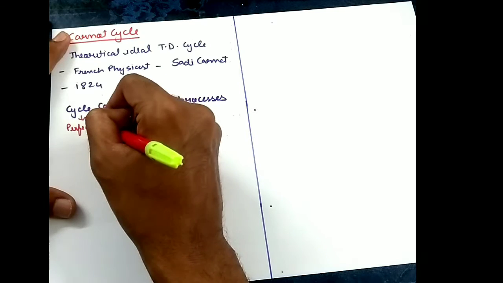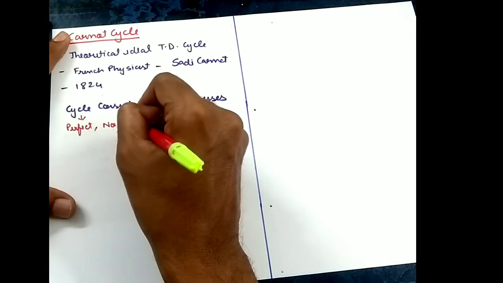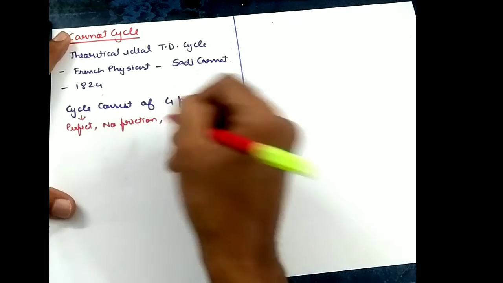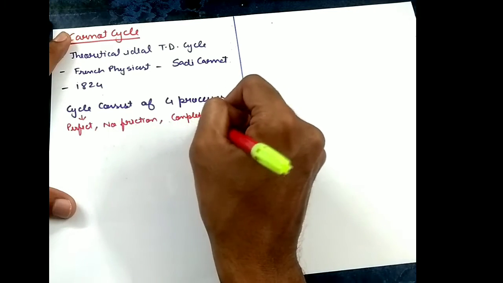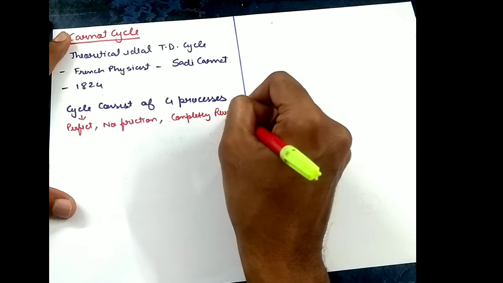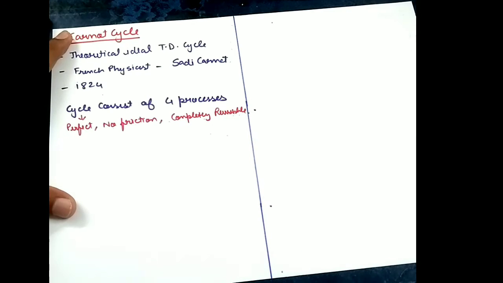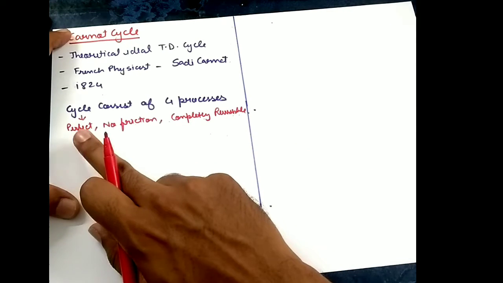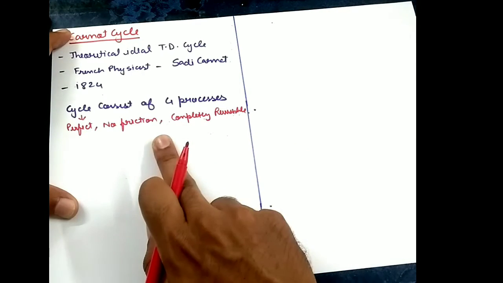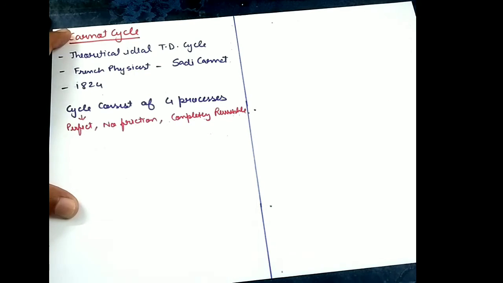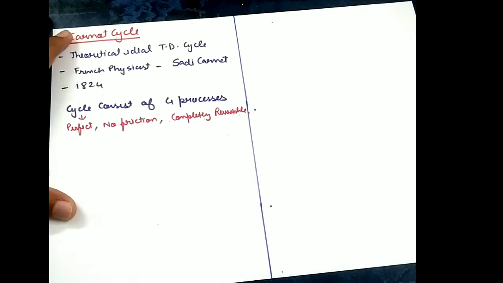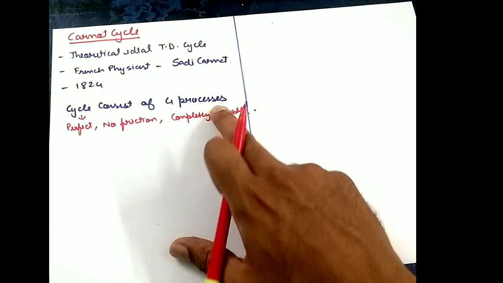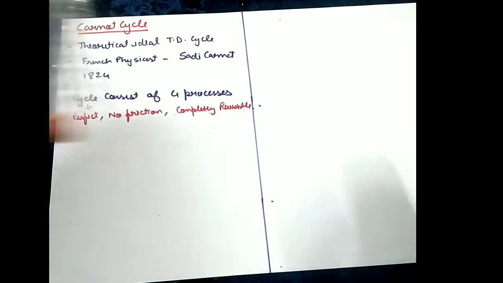It has no friction and it is completely reversible. This cycle comprises four processes, and I'll be teaching you about the four processes now.